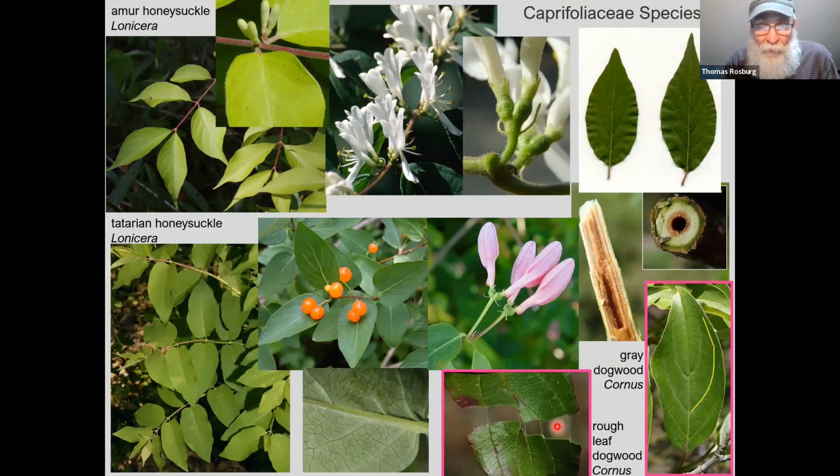Another thing you can always check that separates the honeysuckles from the dogwoods is this. If you pull the leaf of a dogwood apart, as has been done here, there will be silky threads that you'll be able to see in the gap where the leaf has been torn. You can see all these silky threads here. Those silky threads are the vascular tissue that's joining the torn vein here and the torn vein here.